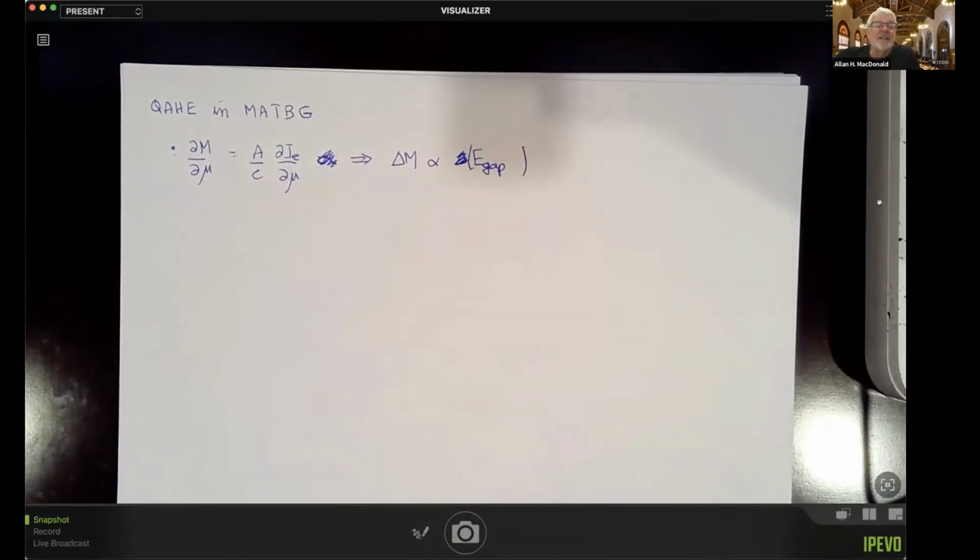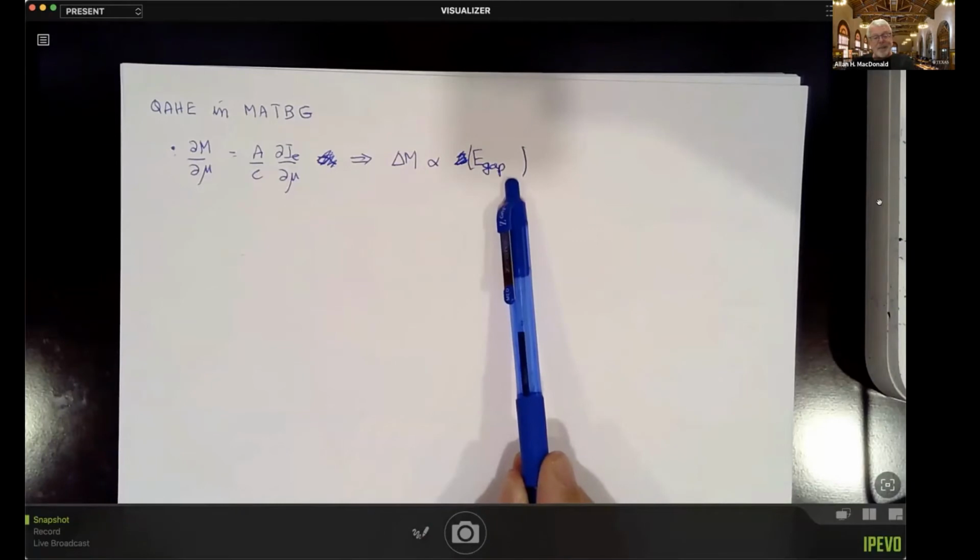And I think that magic angle twisted bilayer graphene, someone can correct me if they want, is the first example in nature of really orbital ferromagnetism. And it has this strange property that the magnetization jumps across the gap.